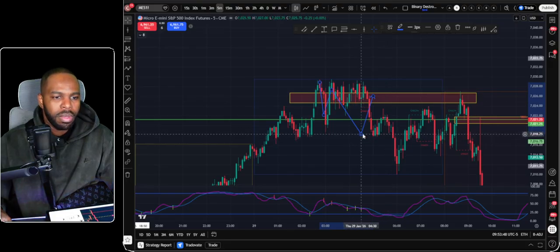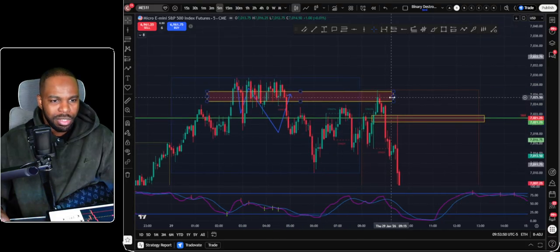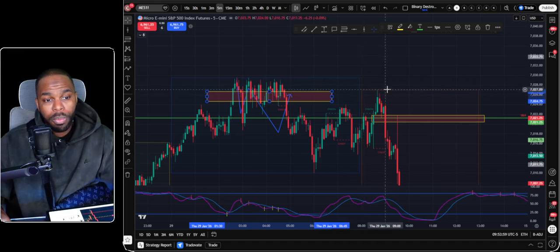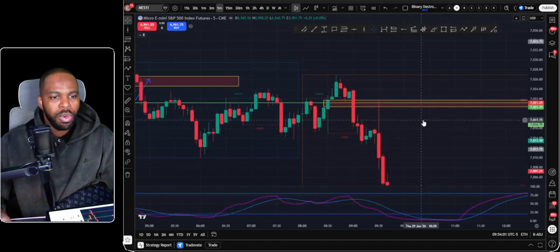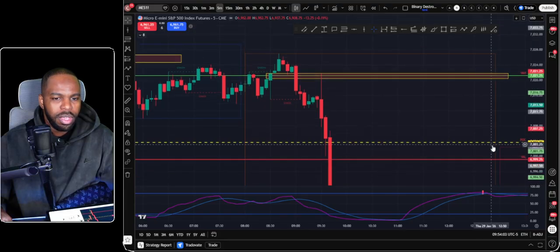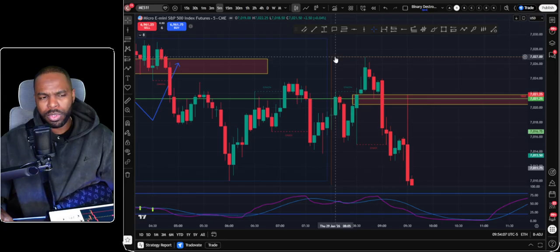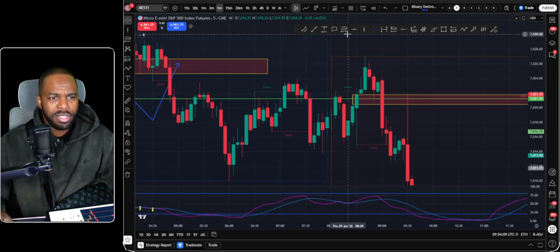But when it comes to the US session, price didn't sweep the London session, so there was no session sweep or session liquidity here. So I'm just going to use these 3 key levels to take trades off of. Same thing as waiting for a session sweep, I'm going to look for a bullish engulfing.